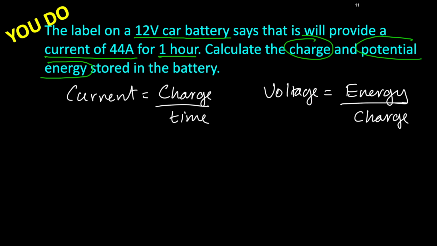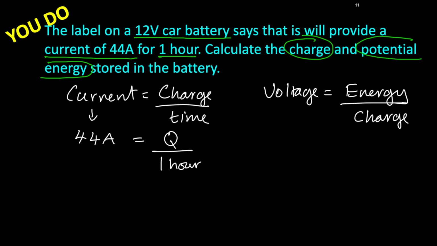So in this one, we're going to now substitute into this equation. Current is equal to 44 amps. Our charge is unknown, so I'm going to call that Q, and our time is 1 hour. The problem with this is we now need to convert 1 hour into seconds.